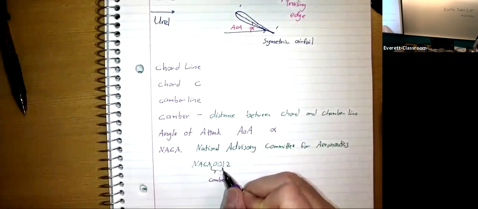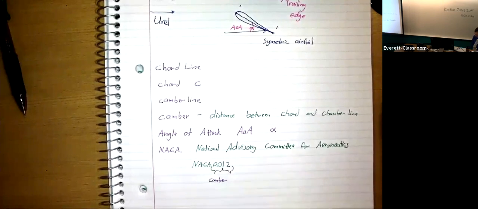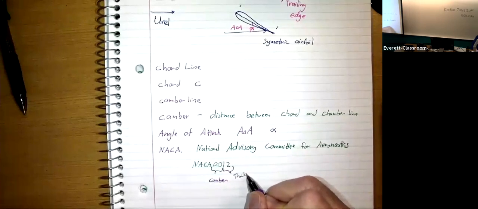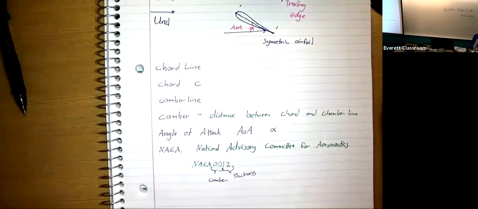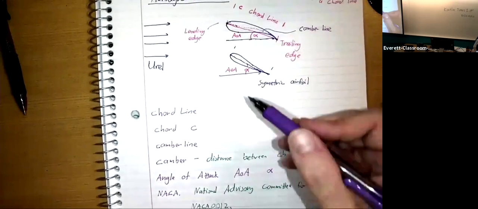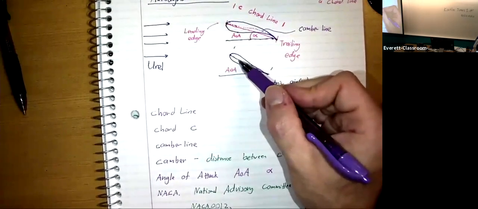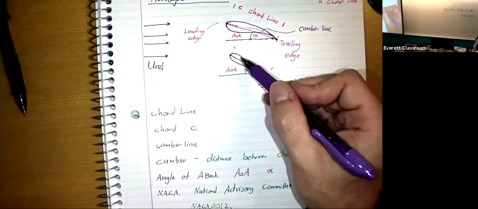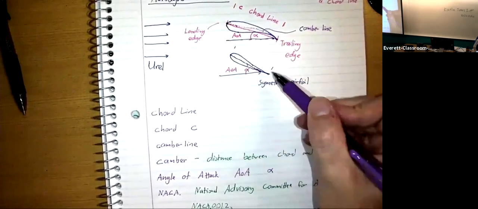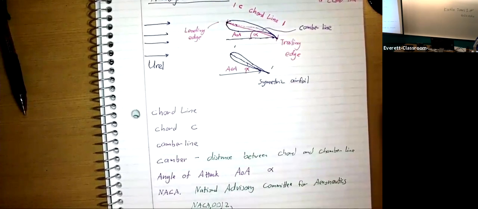And the 12 represents the thickness. I'm trying to remember off the top of my head, I think the 12 represents the fact that at its thickest point, the airfoil is 12% the chord, okay?